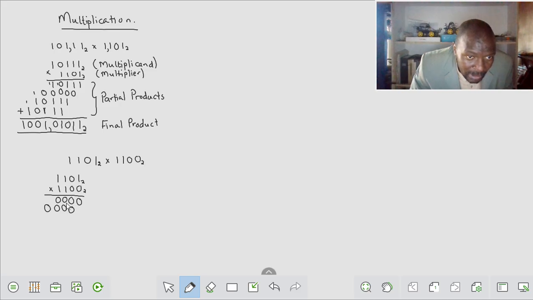Okay, this one is a 1, so you repeat the multiplicand. This one is a 1, you repeat the multiplicand. Then all you do ultimately is get the total. That's a 0, so 0.